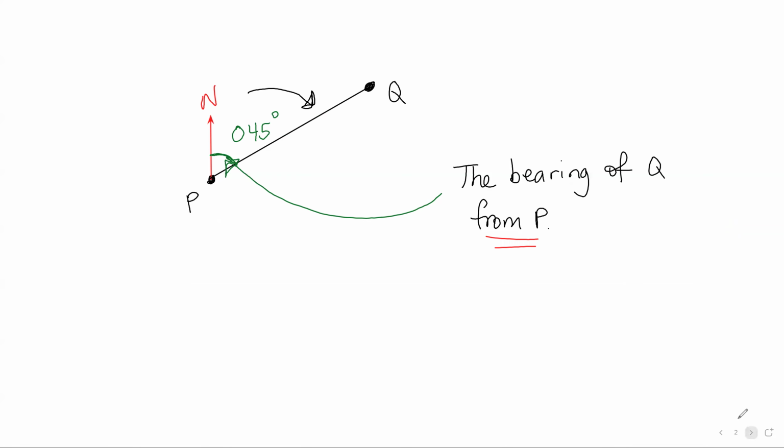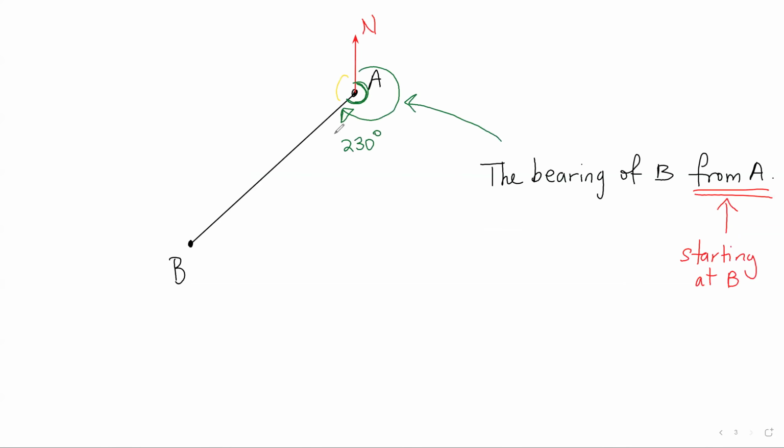The next one shows the clockwise nature of a bearing, because bearings have to be the clockwise angle. So the bearing of B from A, again, it's from A. So you're starting... Oh my gosh, I wrote starting at B here. Sorry, that was a mistake.